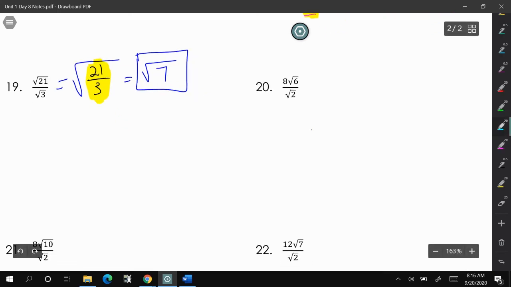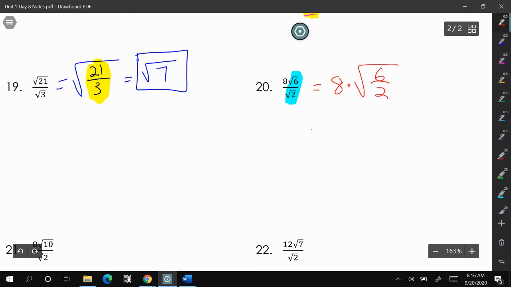Now in number 20, we have these two numbers that are both under square roots. So we can write that as 8 times the square root of 6 over 2. Now 6 divided by 2 is 3, so we can just write that as 8 times the square root of 3, or 8 square root of 3.